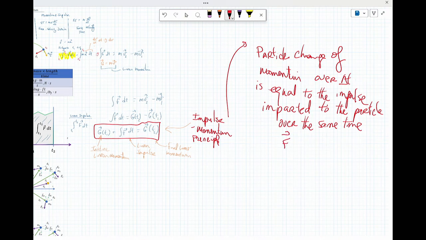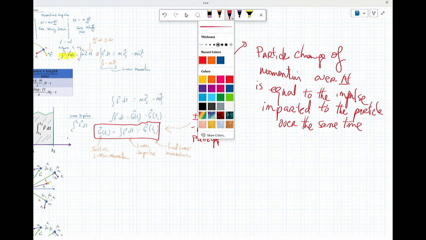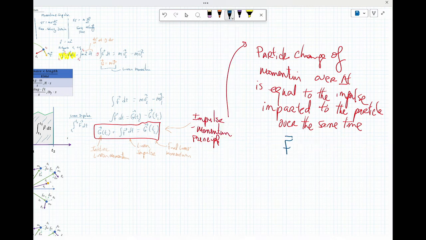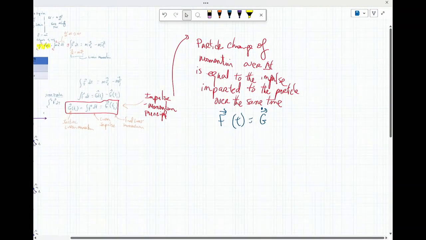And of course I can write that as force over time is equal to G dot, so dG/dt. So from that I have a couple other things that I can do.